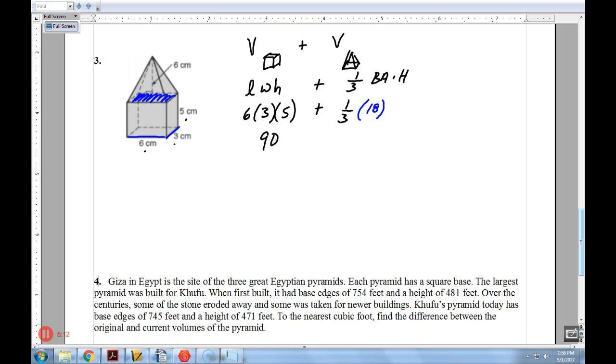And then the height is 6. So when I crank all that out together, 1/3 of 18 is 6, and 6 times 6 is 36. So I have a grand total, both shapes put together, of 126 cubic centimeters. Cubes.